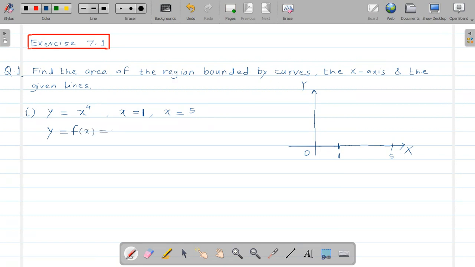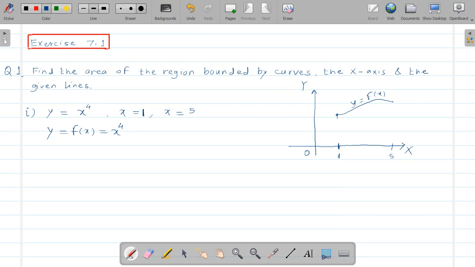Suppose the graph from 1 to 5 is like this. This is just a rough sketch, not perfect, but I have drawn it to understand the concept.